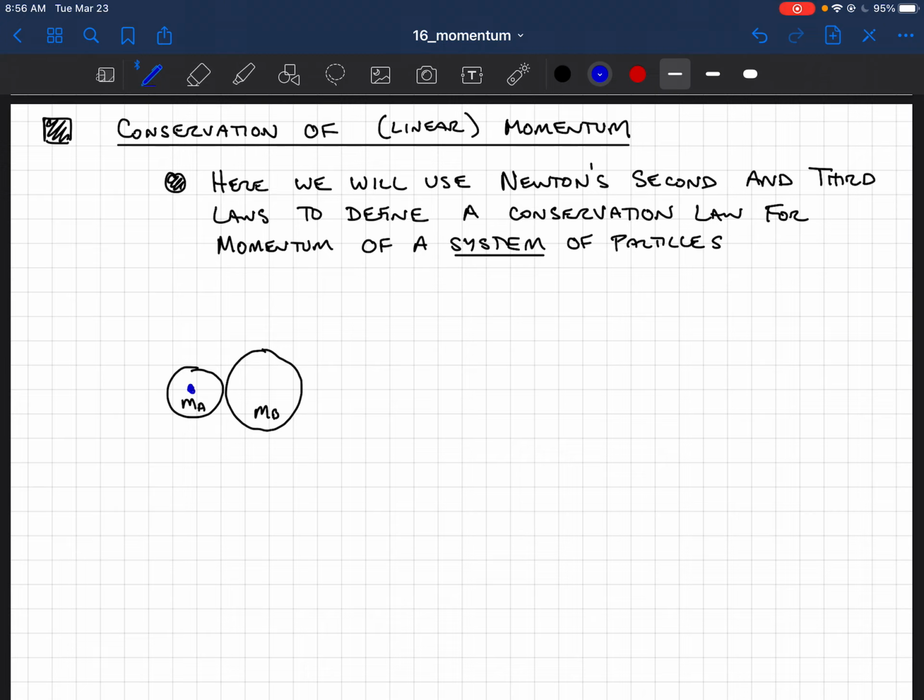So we know that there will be a force on MA, which we call the force of B on A. And there will be an equal in magnitude, opposite in direction force of A on B. So this is the Newton's third law pair.